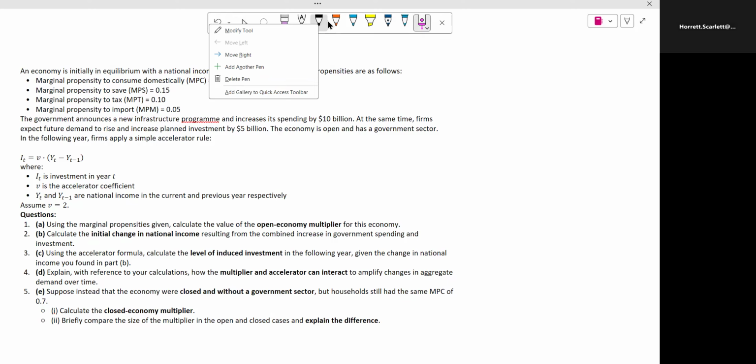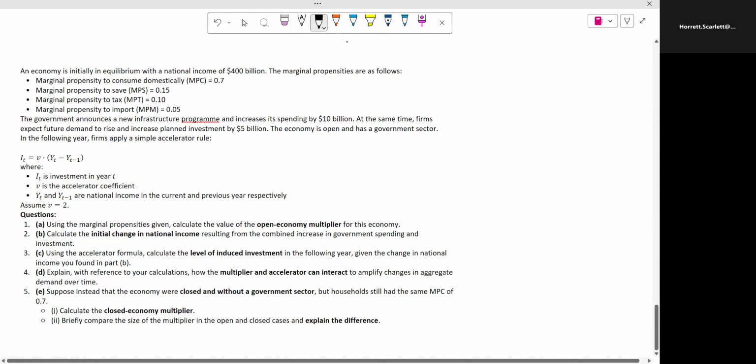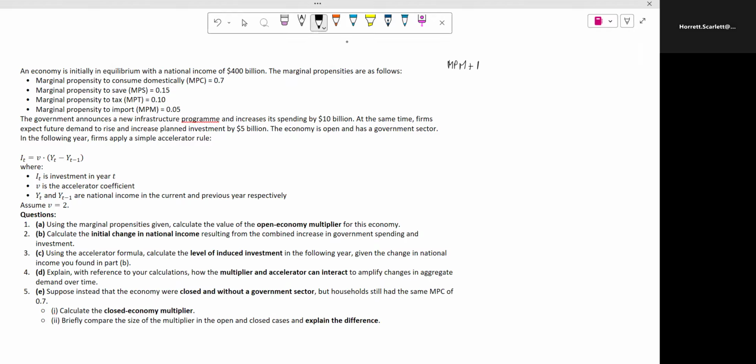So because we have obtained some marginal propensities, then remember that the marginal propensity for imports plus the marginal propensity for taxes plus the marginal propensity for savings plus the marginal propensity for consumption of domestic items is equal to 1.